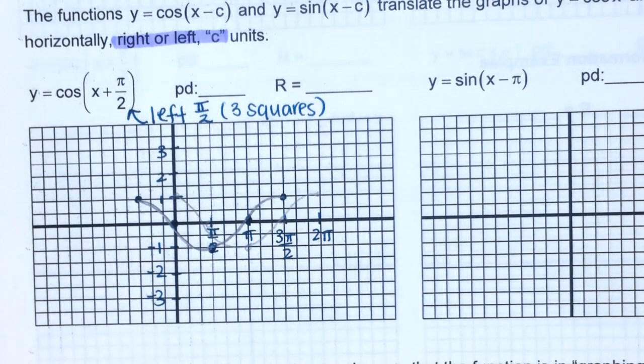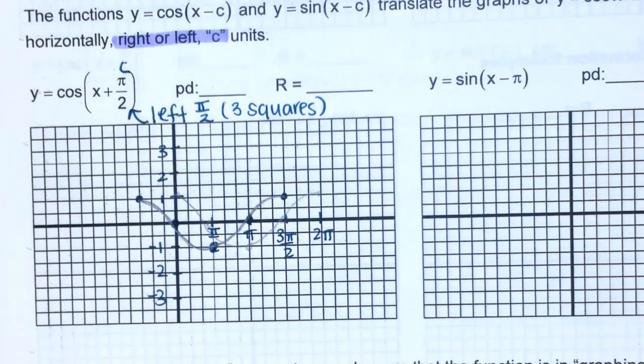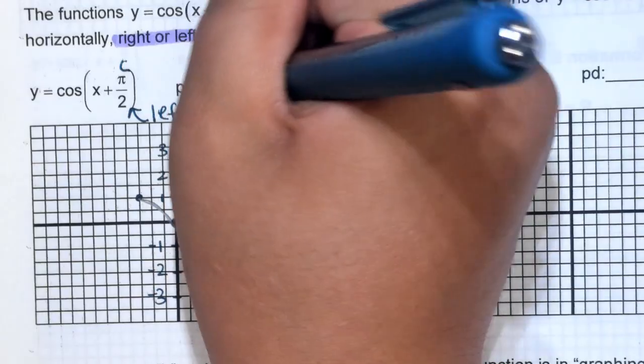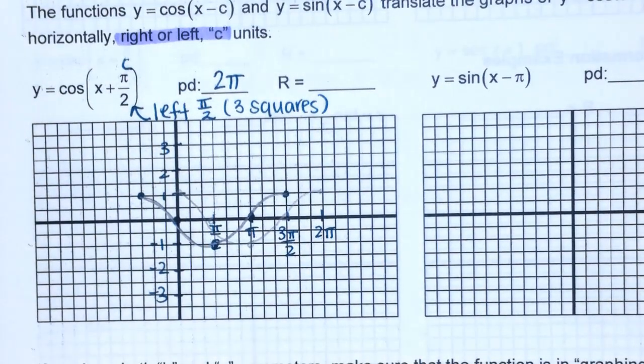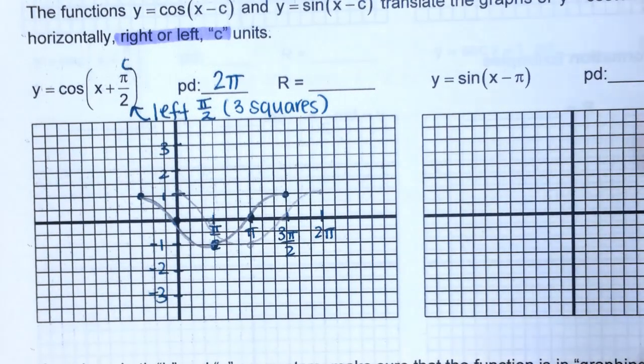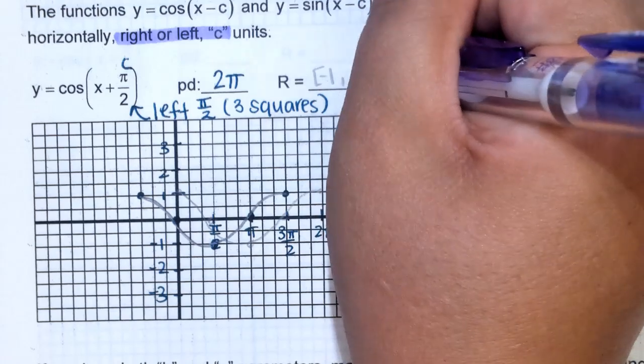What is the period here? Did I have a B value? No. There is no B value here. This right here is a C. So do I have a new period? No. What's my period going to be? It's just going to be 2 pi like it always is. What's the range here? -1 to 1.